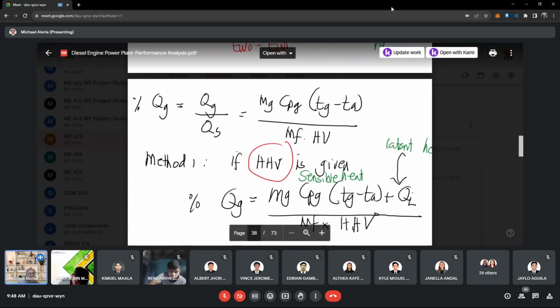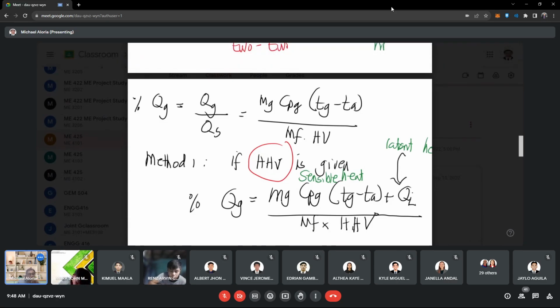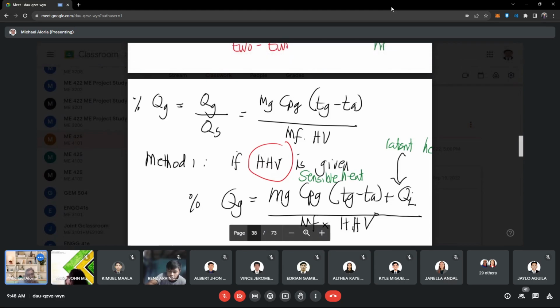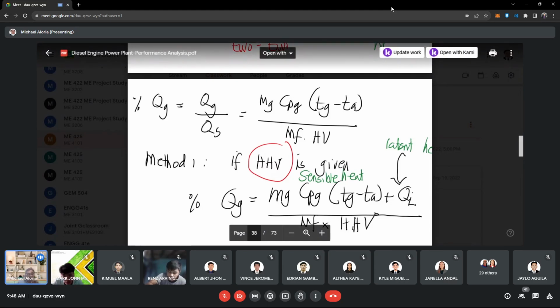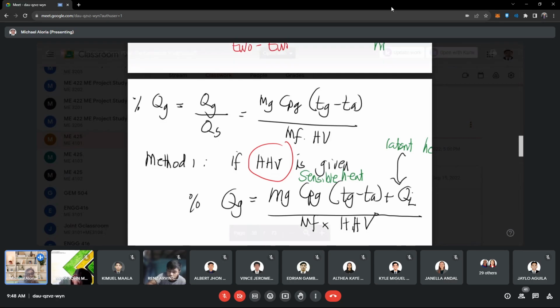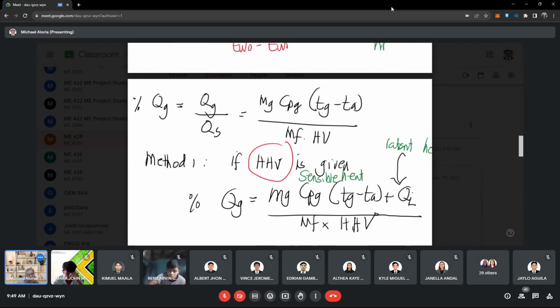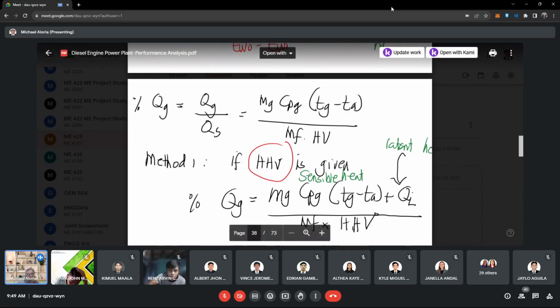Now, method 1. If the higher heating value is given, this is the equation you will use for percent QG. You add the latent heat to the sensible heat, because this m Cp delta T is basically sensible heat. What is sensible heat?